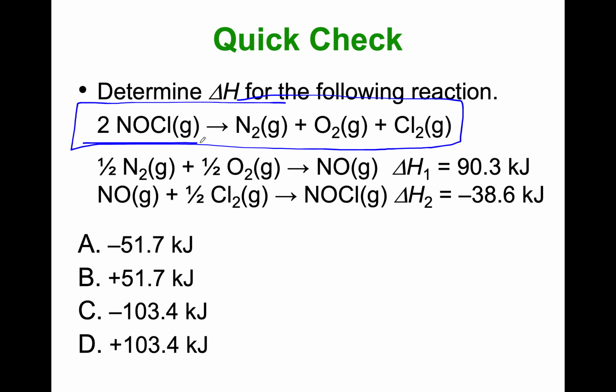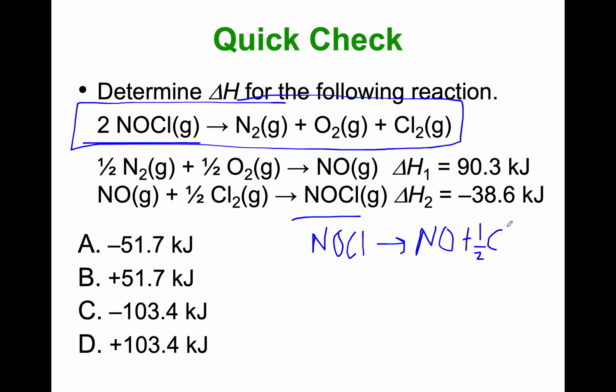On the left is 2NOCl. None of these have NOCl on the left, but I know this is on the right. So I'm going to take that reaction and I'm going to flip it. And I get NOCl, switch it over here to NO and this half chlorine.